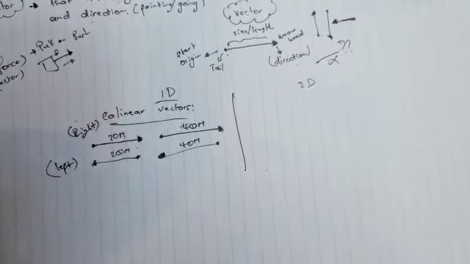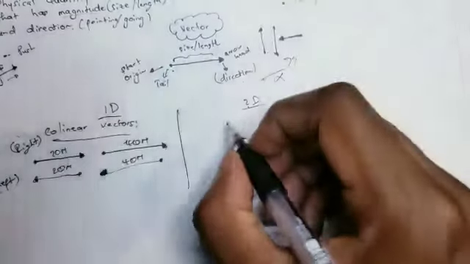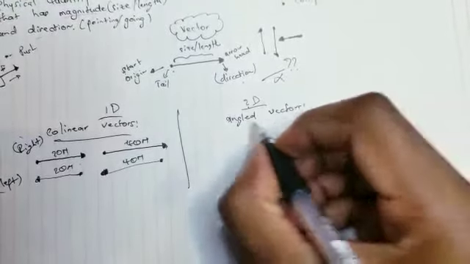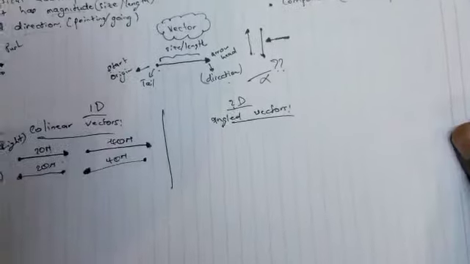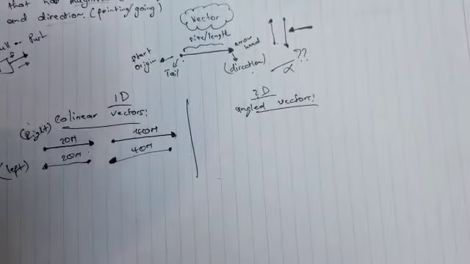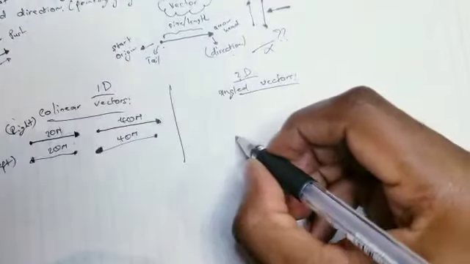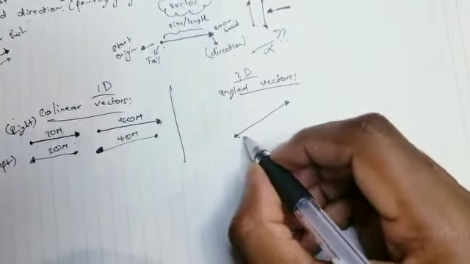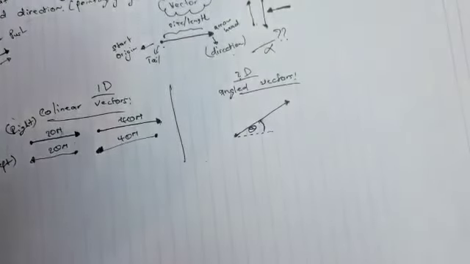Okay, right, simple sense. For 2D, instead of them being collinear, I call them angled vectors. What do I mean by angled vectors? I mean that they are vectors that are drawn at an angle. Okay, so for instance, I can draw a vector like this, and then do this and say it's at an angle of theta, like that.